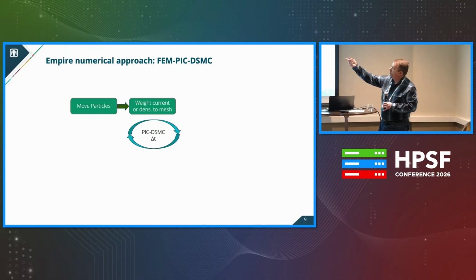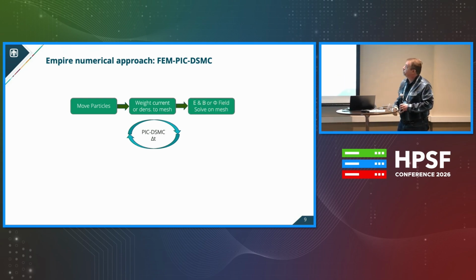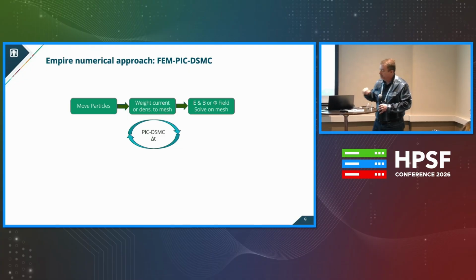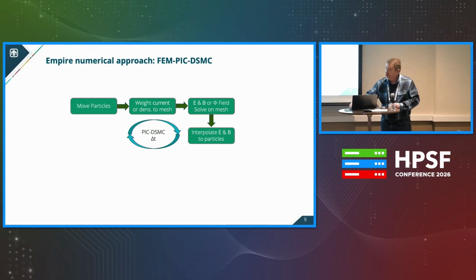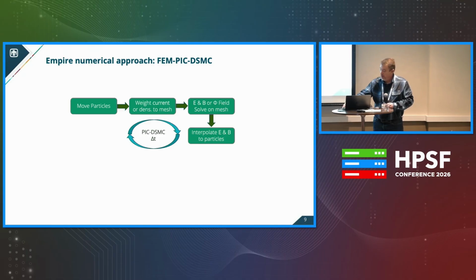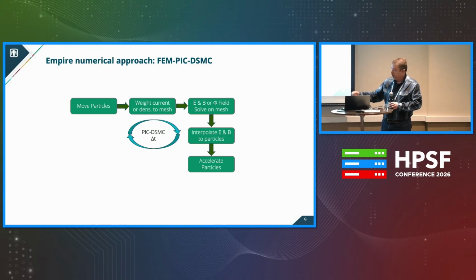So we're going to have to weight the current within each cell, and this really is just evaluating how much current is generated. That drives an electromagnetic field, so it acts like a source term to Maxwell's equations. So then we're going to have to solve the electromagnetic field on the mesh. Once we have the new updated electromagnetic field, we're going to calculate the values at each particle position, and we can use those values then to accelerate the particles.